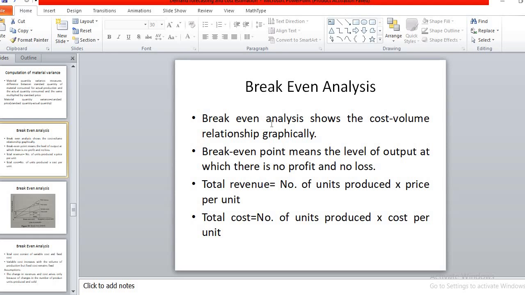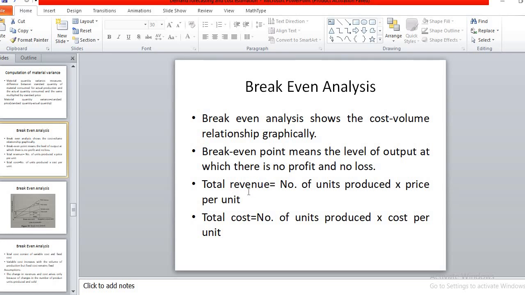Sometimes BEA is used, or sometimes it is called cost, volume, profit analysis. In this analysis, we observe a particular point at which there is no profit and no loss, and that particular level of output we consider as the break-even point.